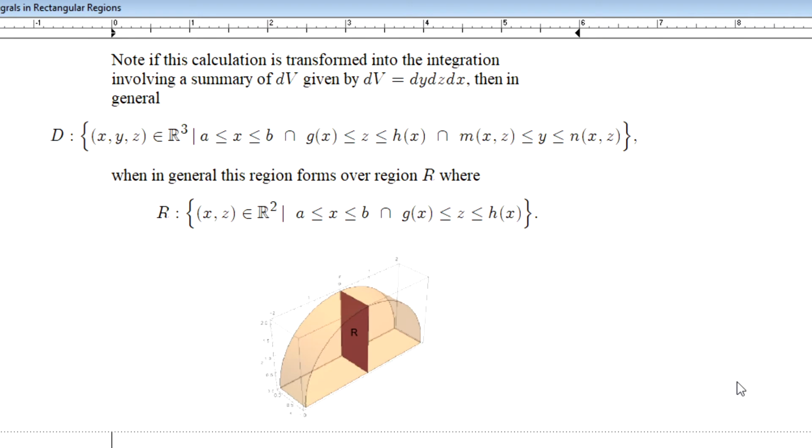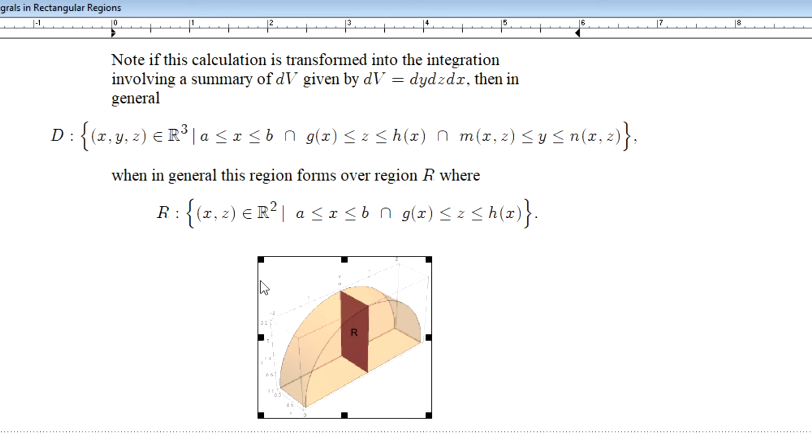All right? Where if we think about region R, and this is part of the process, folks, is as you start to define your new region of D, I often start with thinking about how region R is defined, right? This being our description of region R. And in this case, if region R is going to be described by variables z and x, that's going to be a description that occurs in the xz plane.